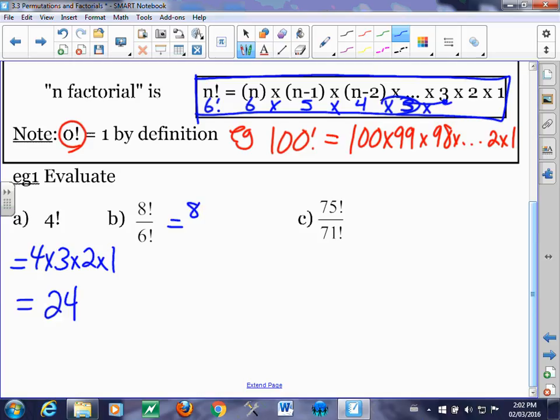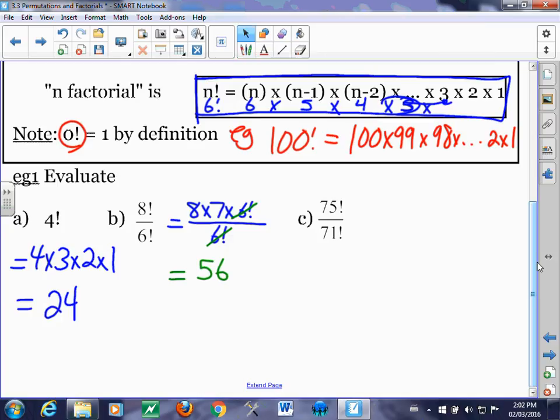So I'm going to go 8 times 7 times, I could go 6 times 5 times 4 times 3 times 2 times 1, but I'm going to just put 6 factorial. Then I can cancel out those 6 factorials. So the shortcut is just to multiply 8 times 7, which is 56. If I just asked you to solve it, you could plug it in your calculator and it'll still give you the answer, but if I ask you to simplify it first, that's a way to simplify.